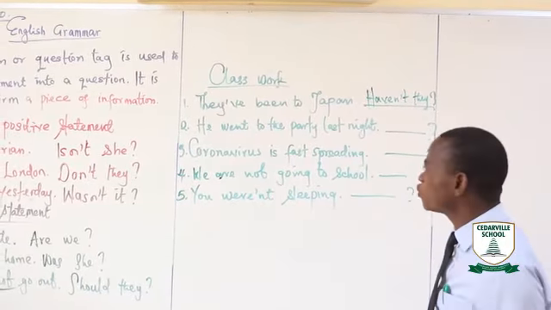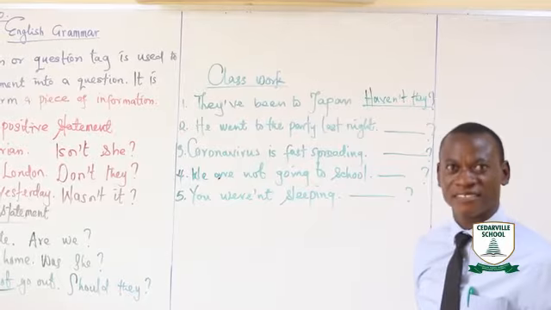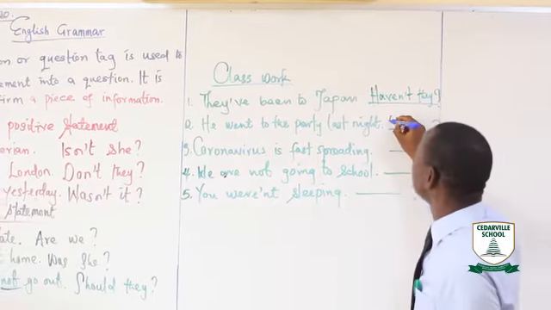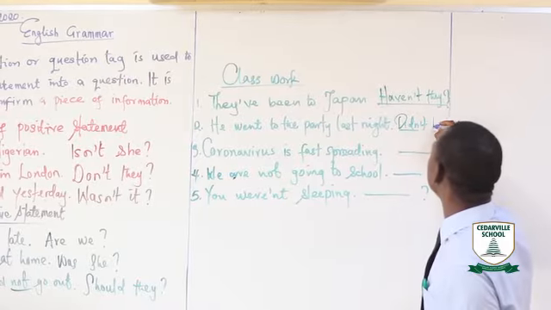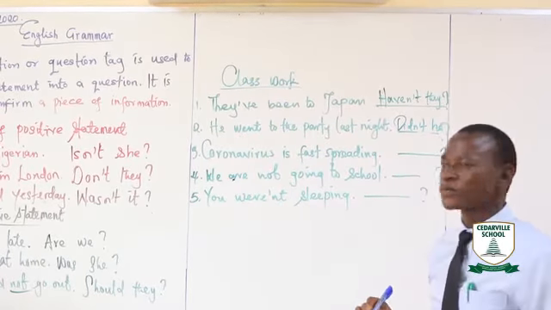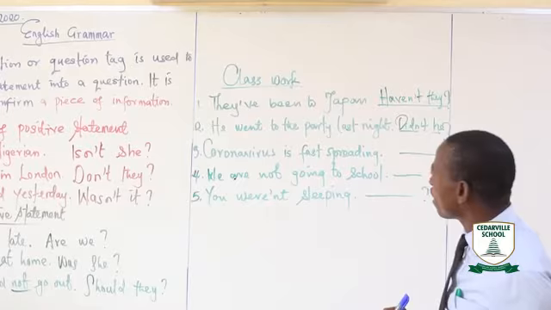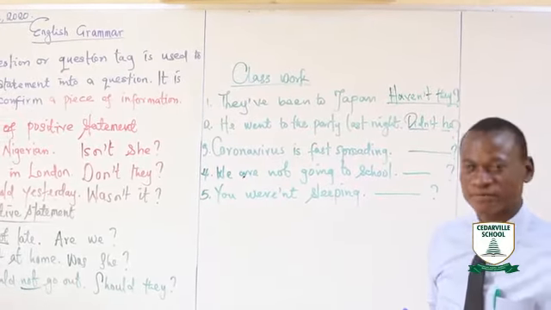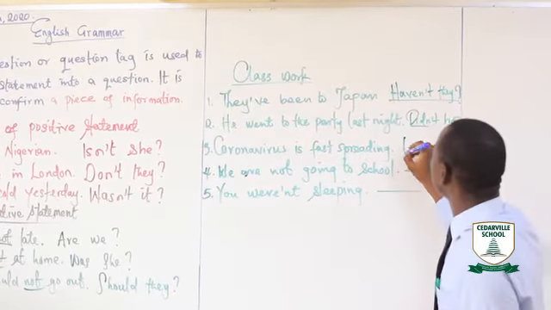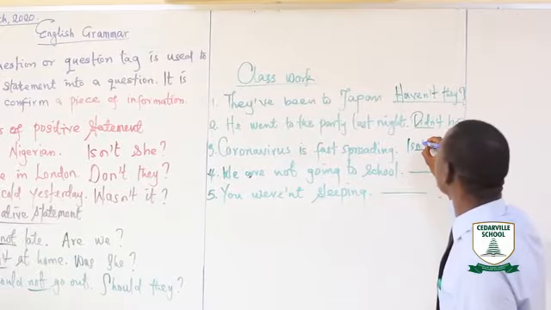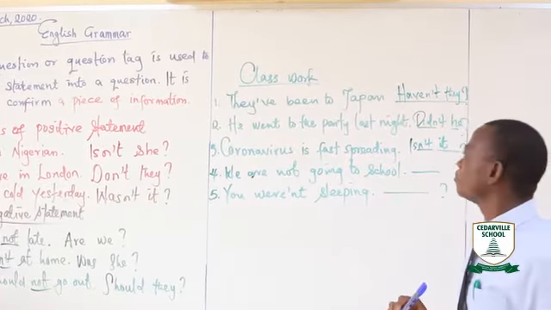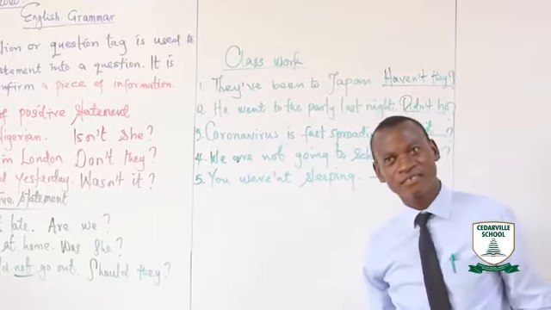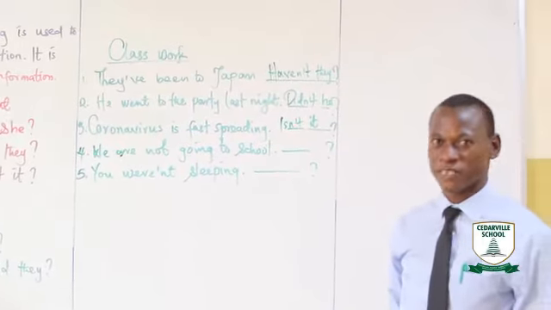Number 2, he went to the party last night. Didn't he? Then number 3, coronavirus is fast spreading. Yes, isn't it? Because coronavirus is non-human.